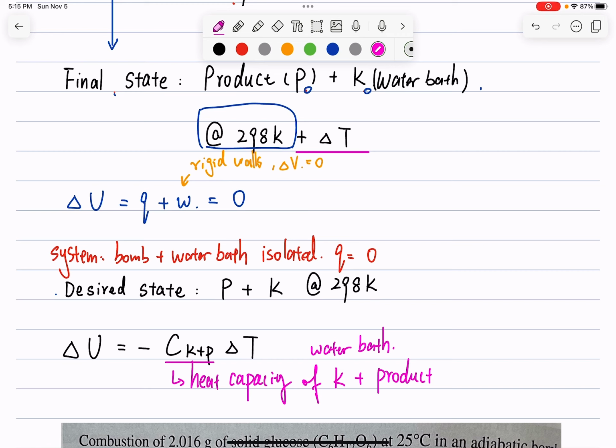So we can get delta U at 298 degrees. So that's the general setup.